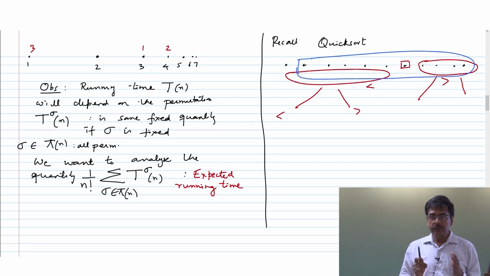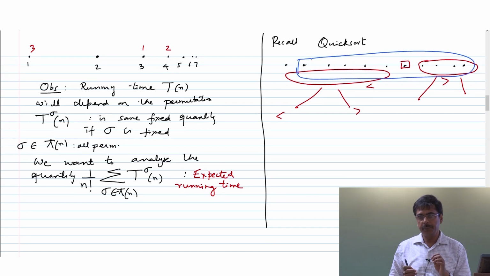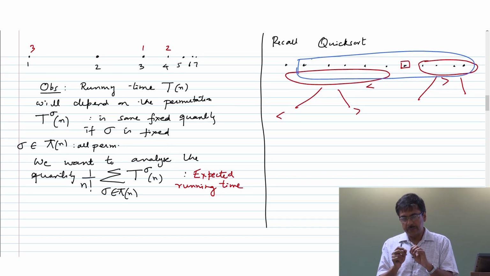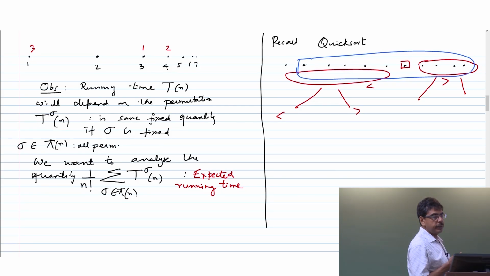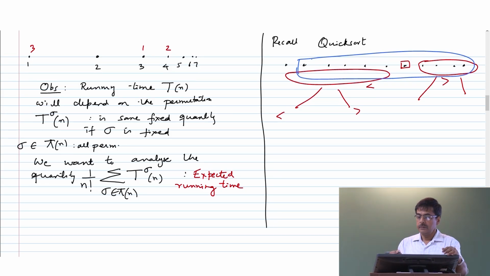Only in the case that the pivot that you pick happens to be that first element, and that probability is only 1 over n. So you should think about quicksort as, the standard quicksort is basically what is called a randomized quicksort.